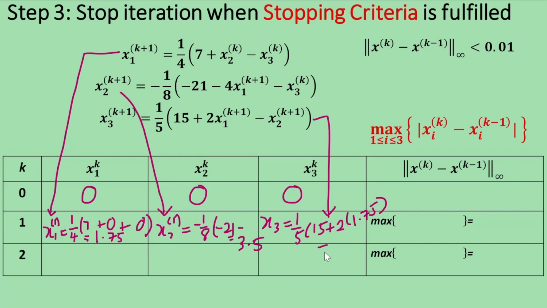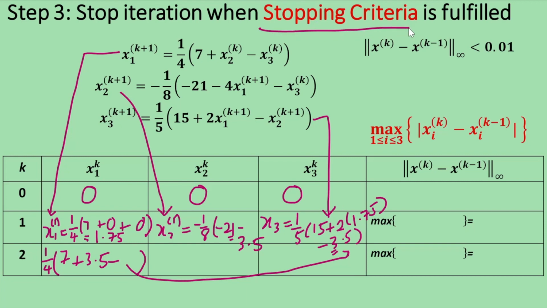Minus x2, the latest value of x2 is 3.5. And you would use your calculator to get the answer here. Okay, and again, you would calculate x1 for step number 2 using the formula here. So it will be 1 over 4 multiplied by 7 plus x2. You will take the latest value of x2, which is 3.5, minus x3 and the value here. Okay, and you would continue your calculation until you fulfill the stopping criteria.